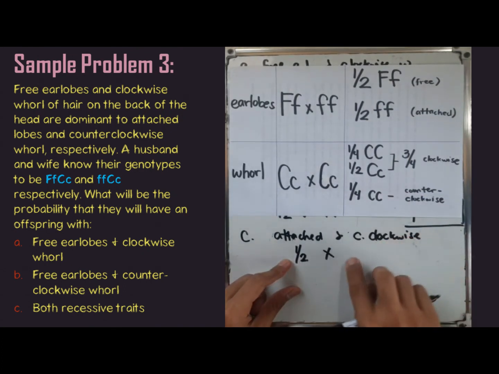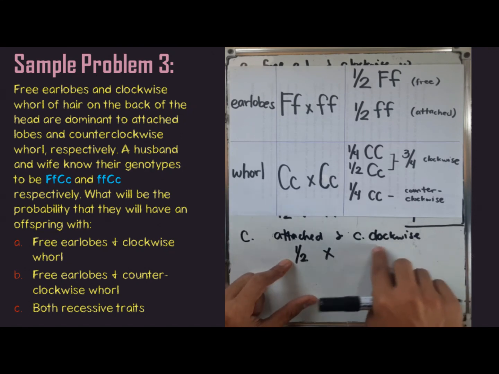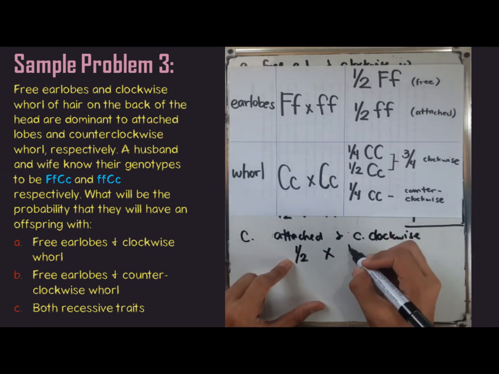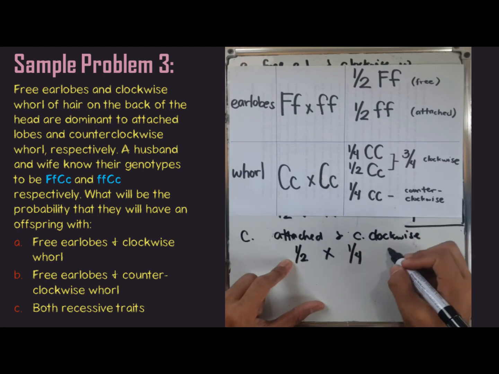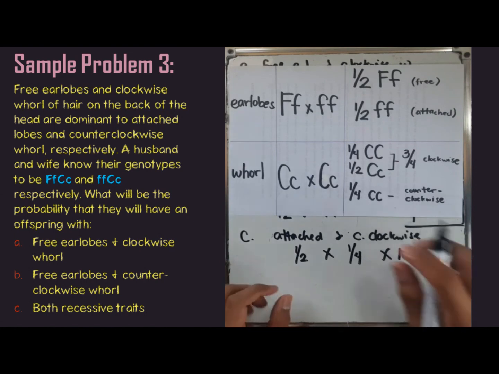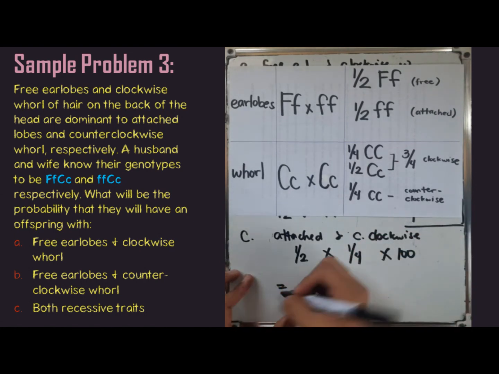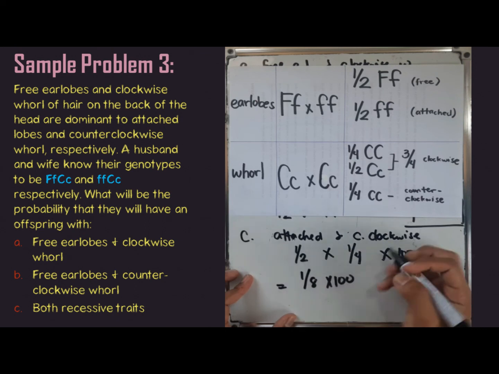Then we're going to multiply this with the counterclockwise whirl probability that is equivalent to 1/4. Then we're going to multiply this with 100, and just like what we had on letter B, we're going to arrive at 1/8 times 100, which is equivalent to 12.5%.